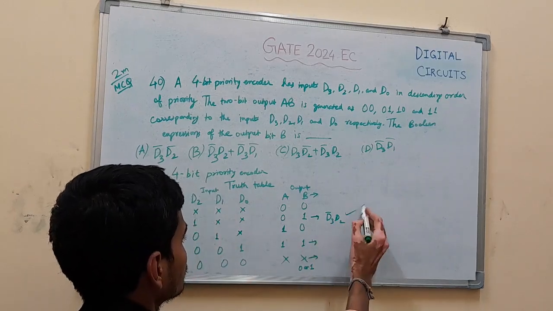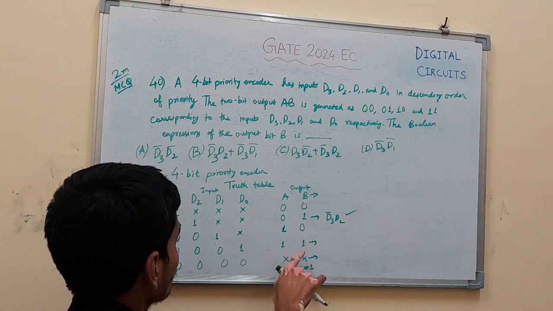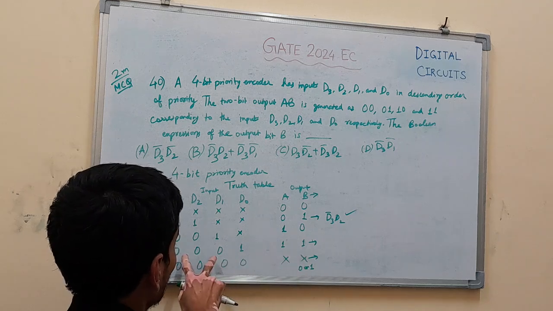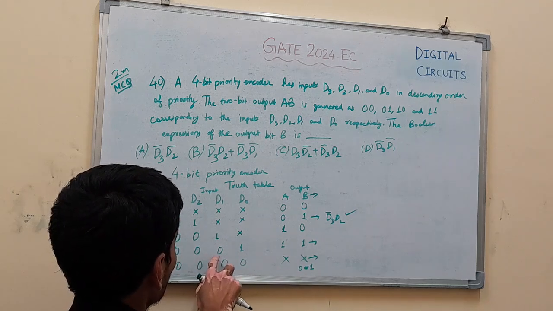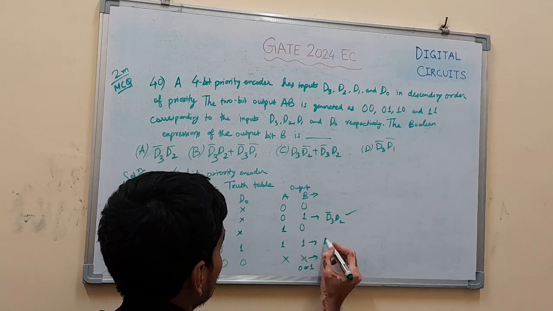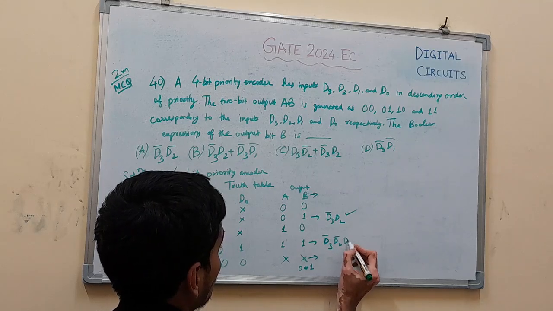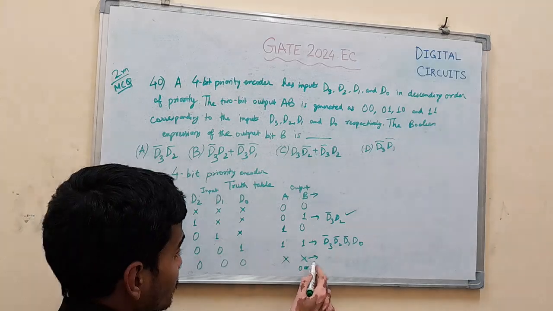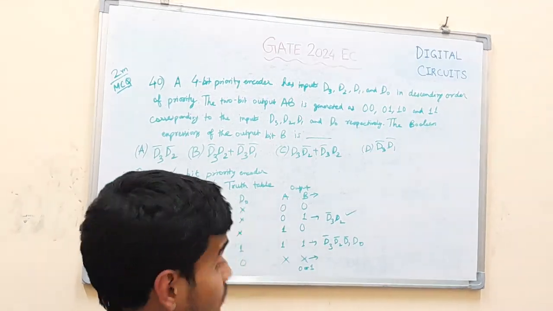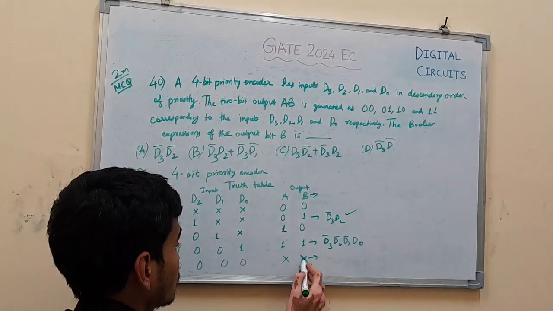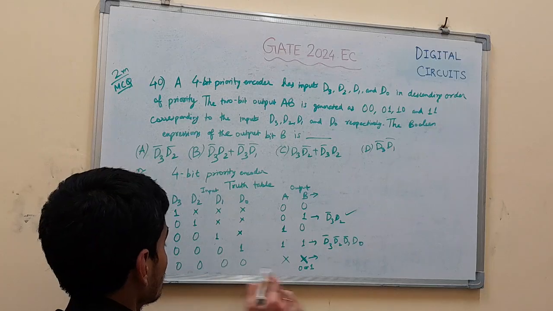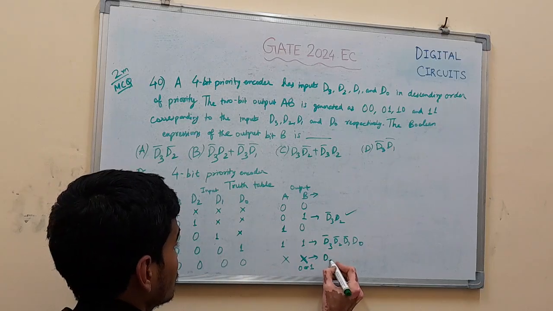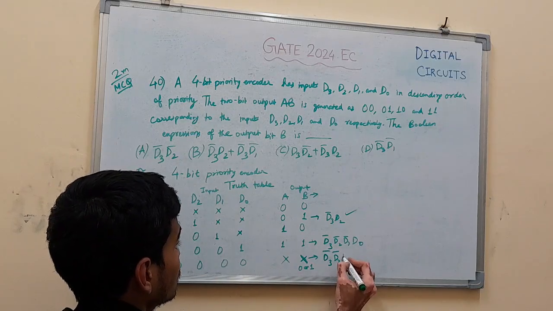So this is one minterm. Another minterm corresponds to this combination, which is D3 bar, D2 bar, D1 bar and D0. And one more minterm comes from the don't care term, where all four are 0: D3 bar, D2 bar, D1 bar, D0 bar.